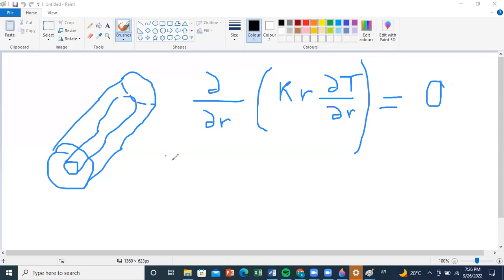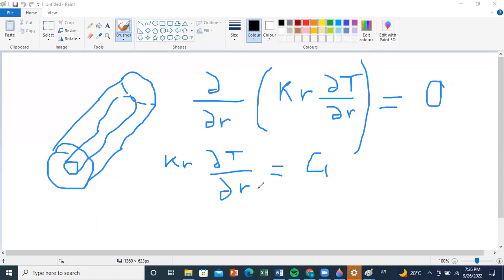We get that KR times del T by del R is equal to a certain constant C1. Now I will take KR to the other side of the equation in order to integrate again, because I need to do a double integral if I want to get the temperature.